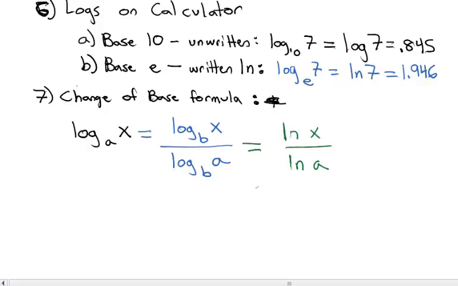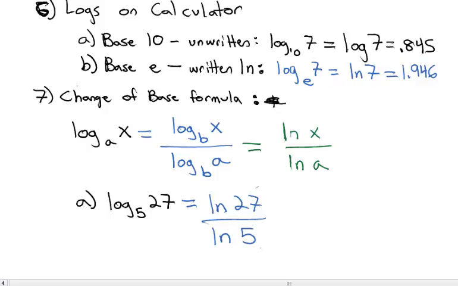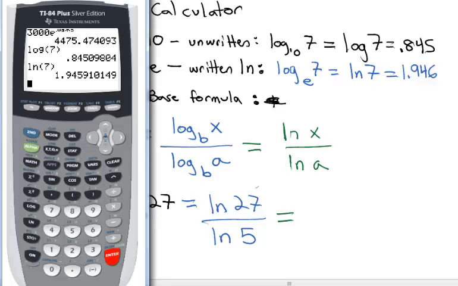So, for example, if we wanted to do the log base 5 of 27, we can change it to a natural log, the natural log of 27, divided by the natural log of the old base, and that's going to be equal to the exact same thing. And we can do this on our calculator, the natural log of 27.